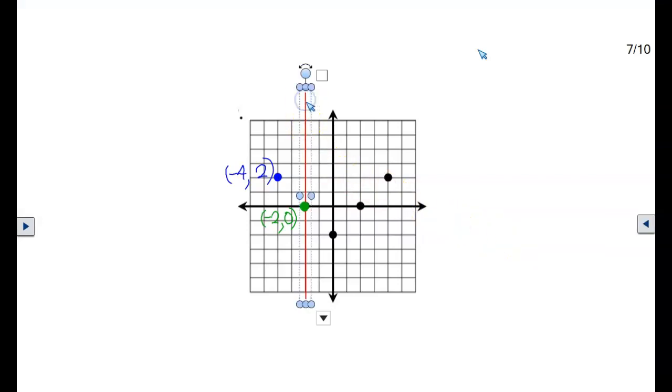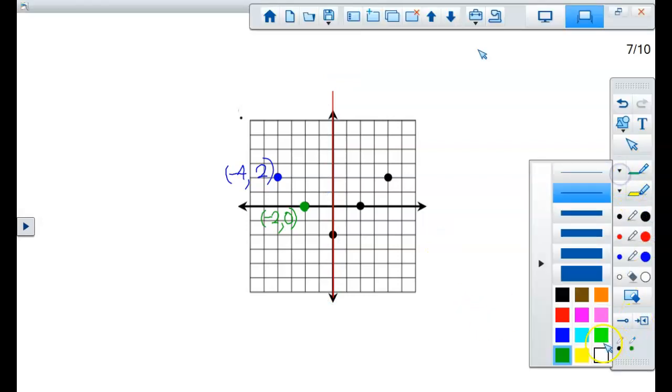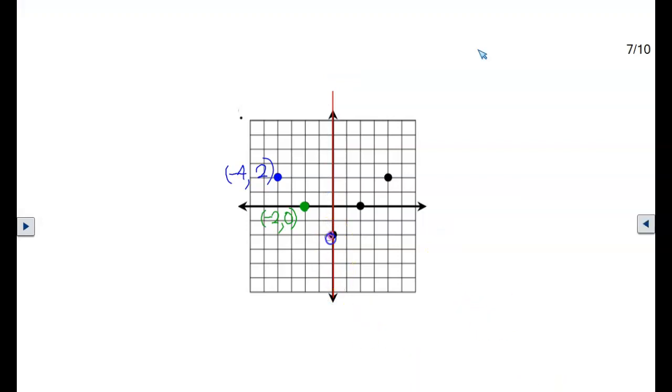All right, so now we'll grab our line again, drag it on over. Okay, this time when I look at that line, it is touching that point on the graph. And that's the only point it touches. So the x for that would be 0, and it looks like the y would be negative 2. So this graph connects 0 to negative 2.